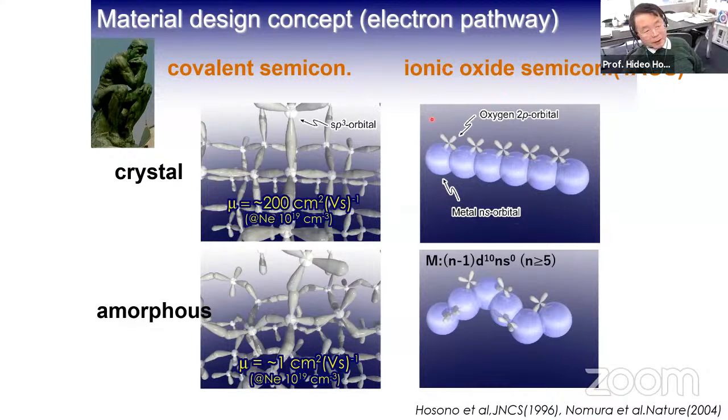The bottom of the conduction band is primarily composed of the vacant s orbitals of the metals, such as the 5s orbital of Sn4+. So in the crystalline state, a large overlap between s orbitals is possible, irrespective of the oxygen 2p.